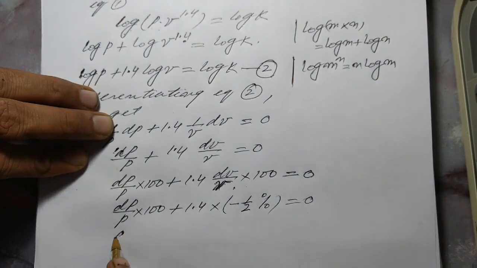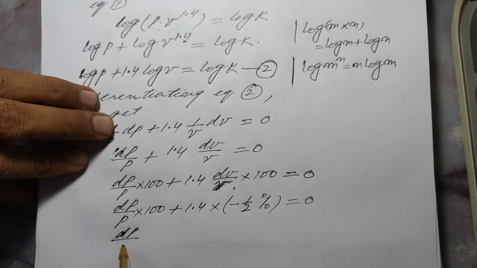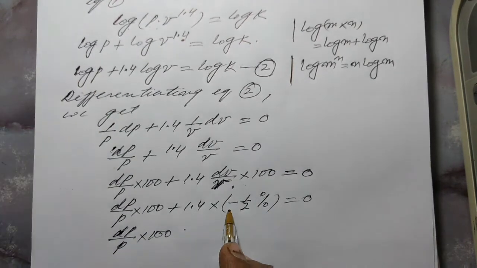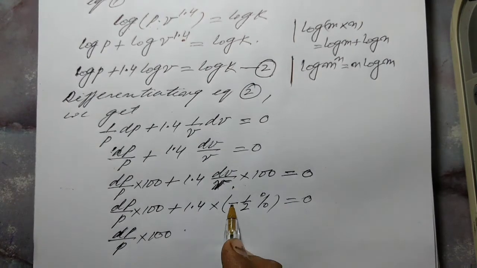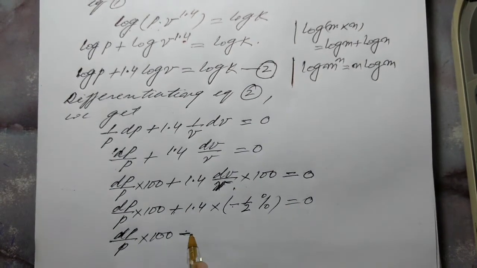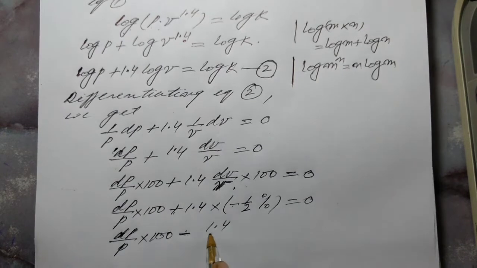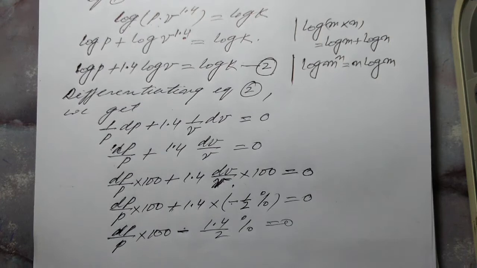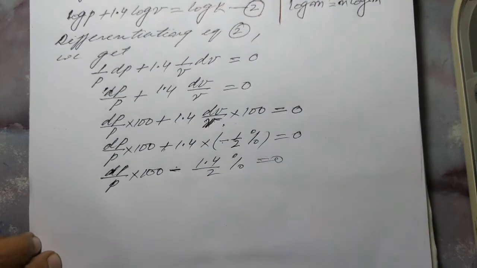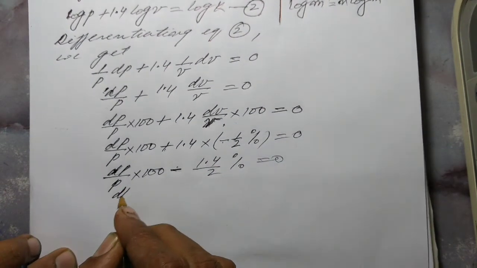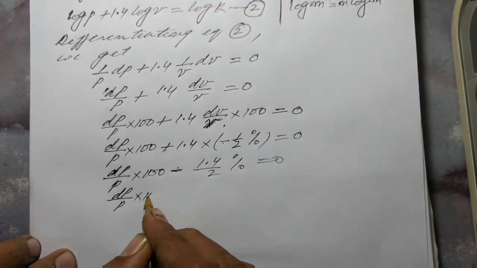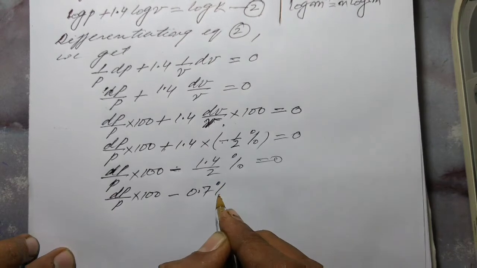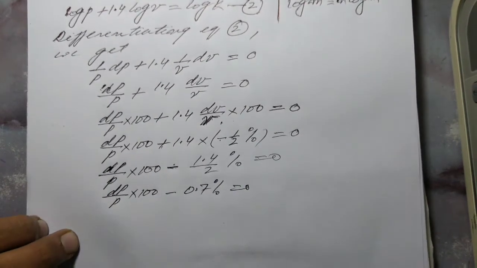As we open it up, dP upon P into 100 stays as it is, and as we open this bracket, this minus will multiply the plus and become negative: 1.4 upon 2%, is equal to 0. So we get simply dP upon P into 100 minus 0.7% is equal to 0.